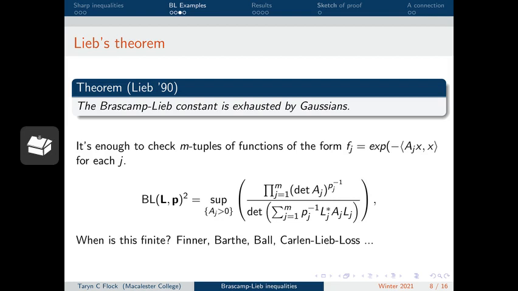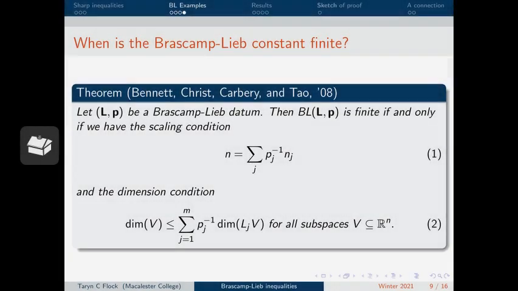So there were several partial results leading up to a breakthrough in 2008. In 2008, Bennett, Christ, Carberry, and Tao gave a characterization of which families of linear maps and powers p give rise to a finite Brascamp-Lieb constant.